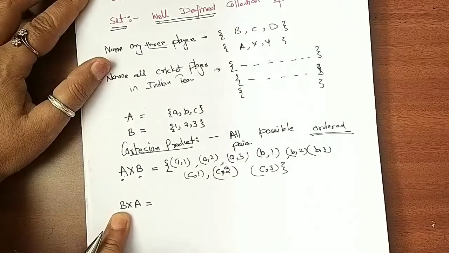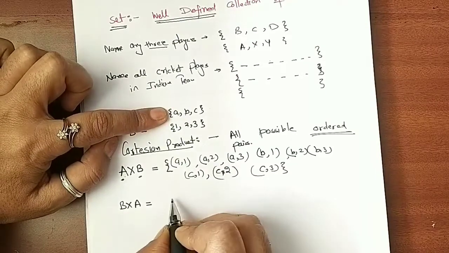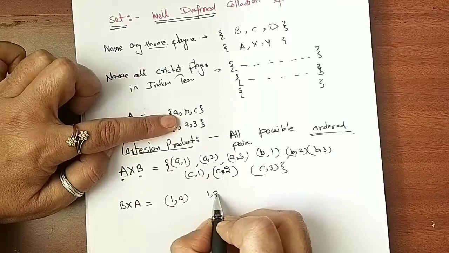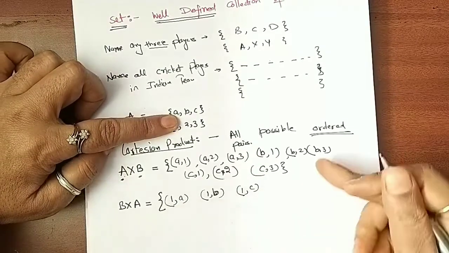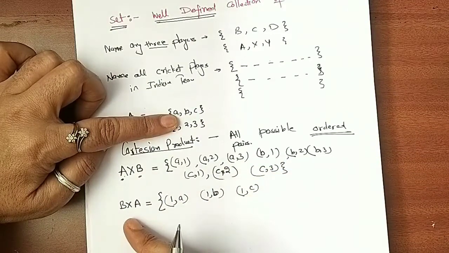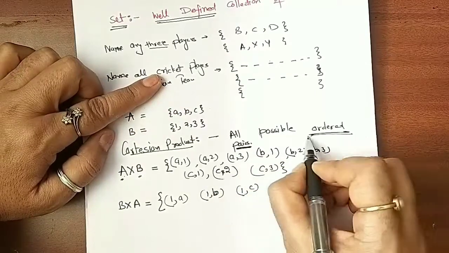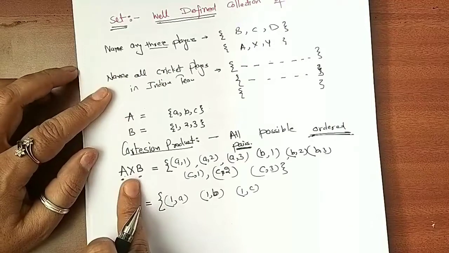You will pick the first element from B and then the second element from A. For example, I picked 1, the second element may be A, maybe B, maybe C. So you can say A cross B is different than B cross A. So in Cartesian product, the elements should be in pairs and ordered. Ordered means first element from the first set, second element from the second set.